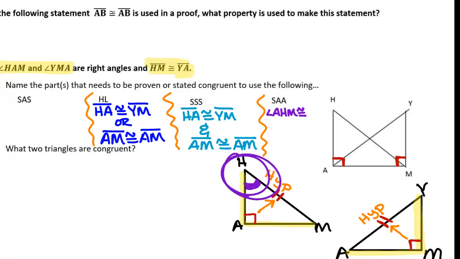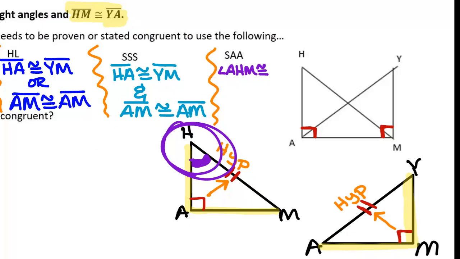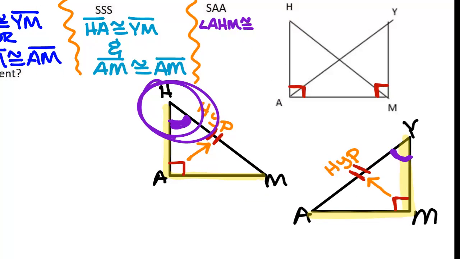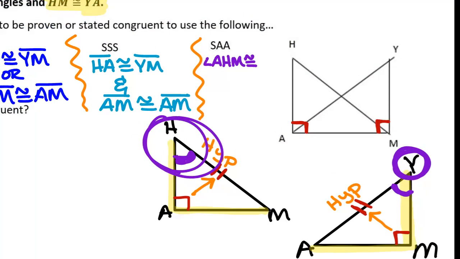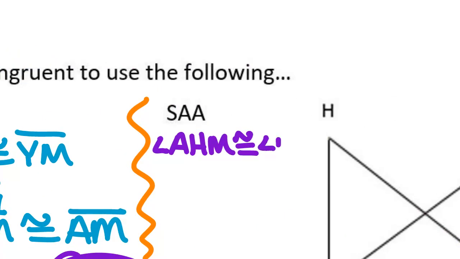What would that correspond to on the other triangle? This guy right here. And we have to name it with this in the middle. So MYA or AYM. But where we make that turn has to be the middle letter. So MYA.